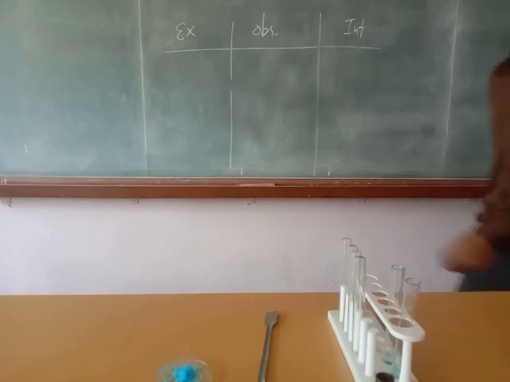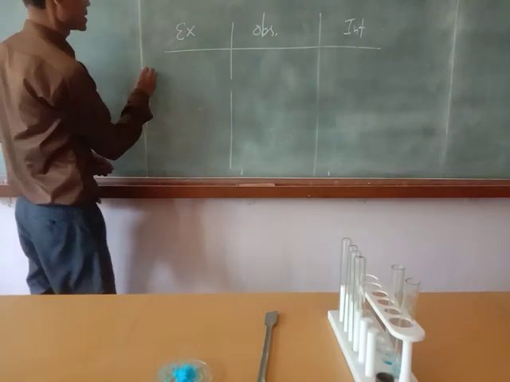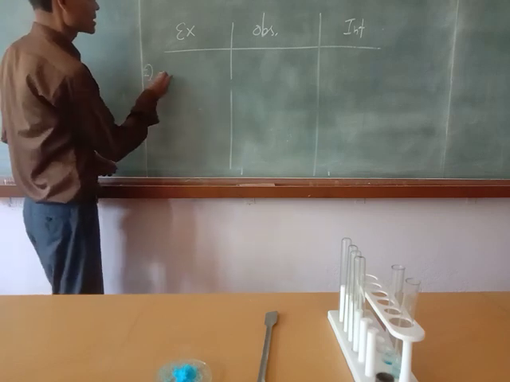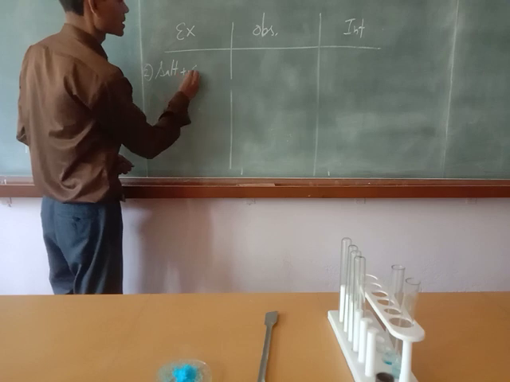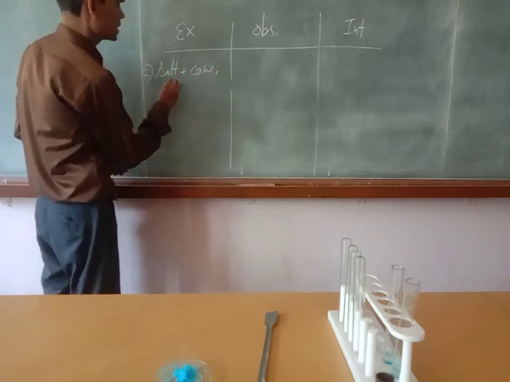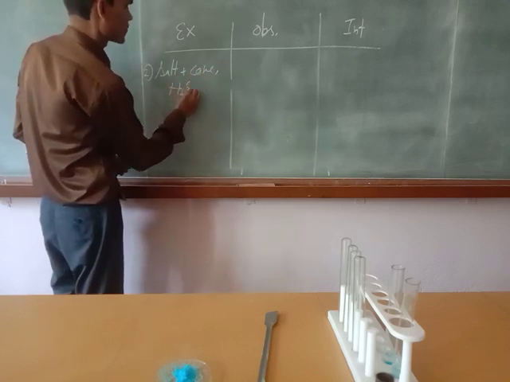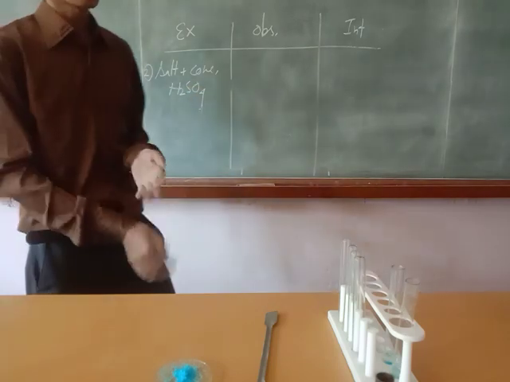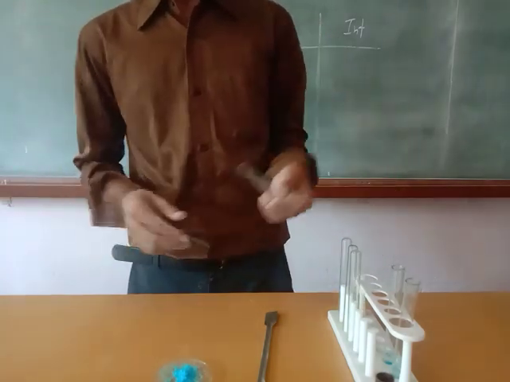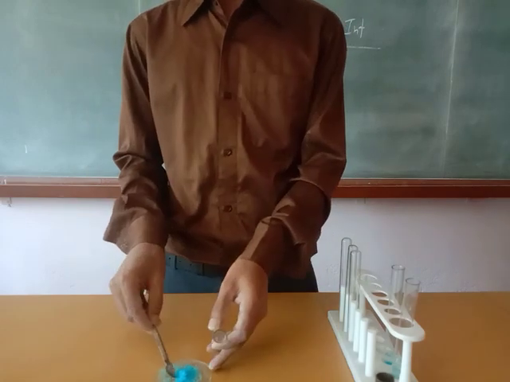So our dilute sulfuric acid test is completed. Now number 2 test is concentrated sulfuric acid test. Here you write salt plus concentrated H2SO4. Let's try what happens. Again you take another test tube, put some salt here.